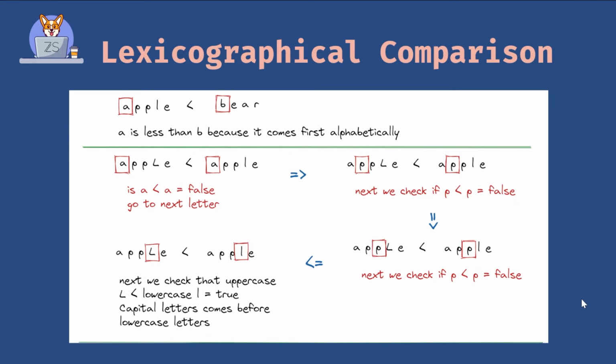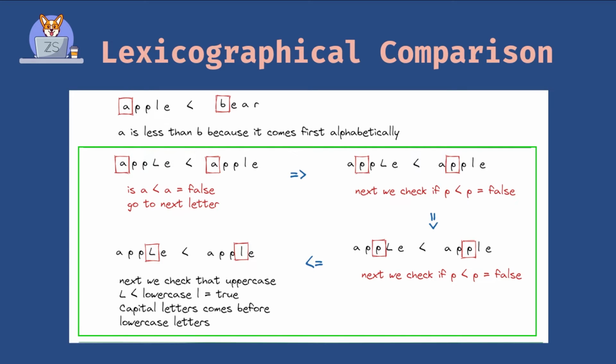The string with a smaller character at the first position, where there is a difference, is considered less than the other string. For example, apple would be less than bear, because A is before B in the alphabet. But also, an apple with an uppercase L is less than a lowercase apple.